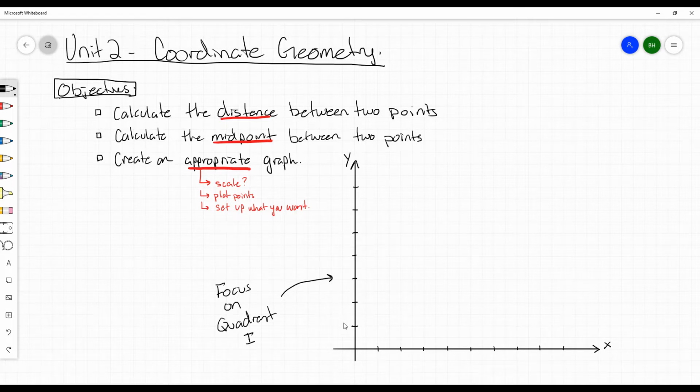In addition, incrementally, the values are increasing by the same rate, which means every space is going to represent one integer value increasing going vertically up the y-axis and horizontally across the x-axis.